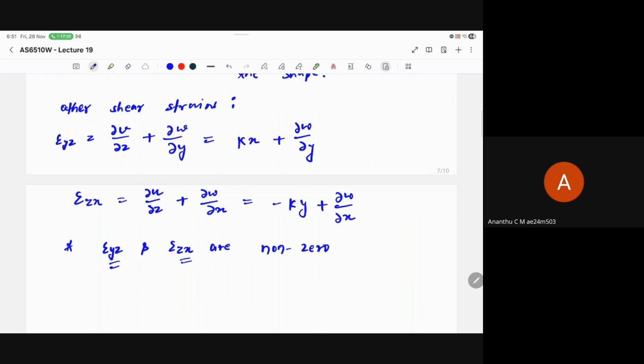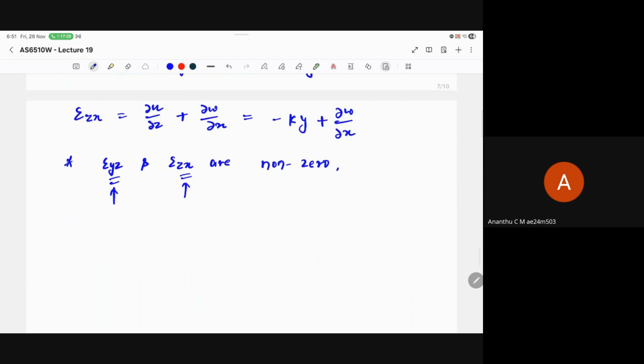These are the shear strains which are acting perpendicular to the cross section. The cross section is in the xy plane, right? When you apply the torque, because of the non-circular nature of the cross section and the existence of warping, you have these shear strains in the perpendicular direction, basically in z direction with respect to the xy plane.